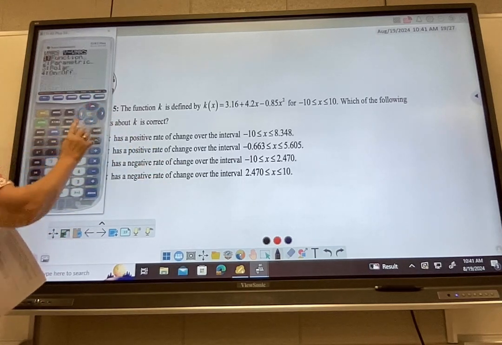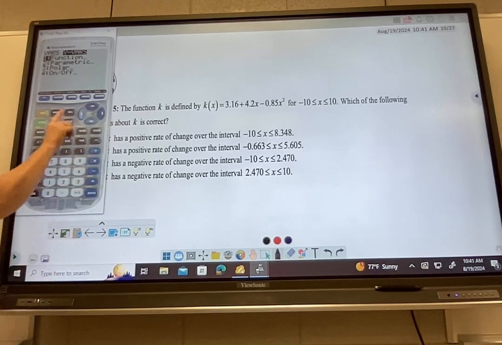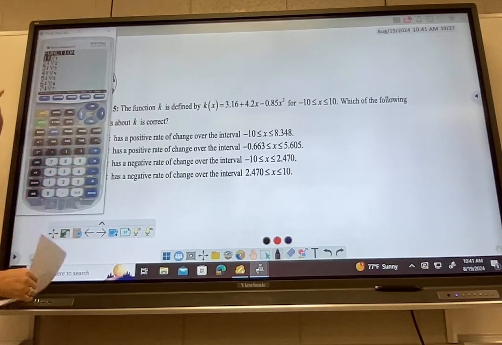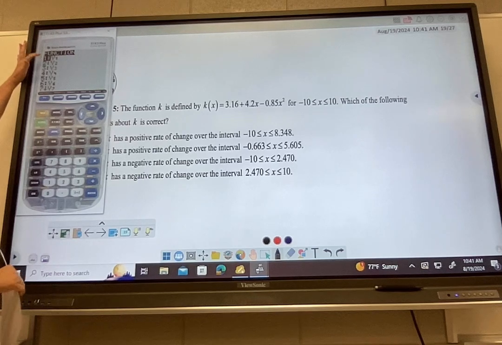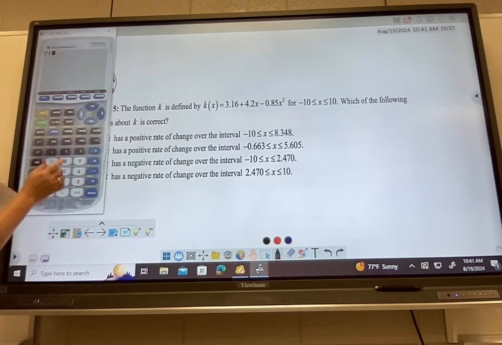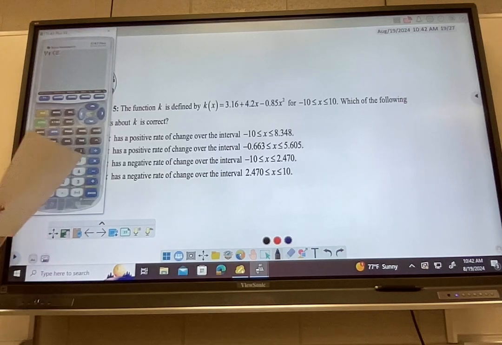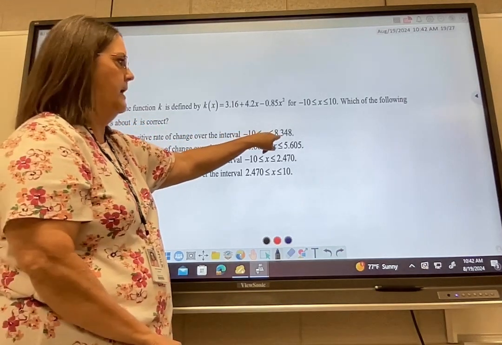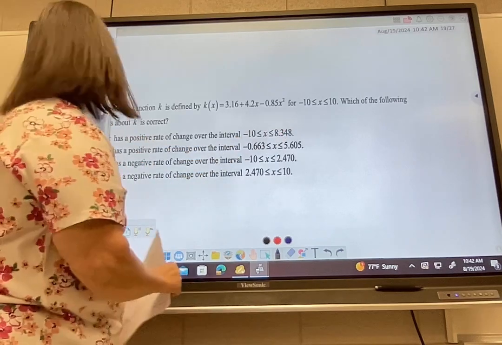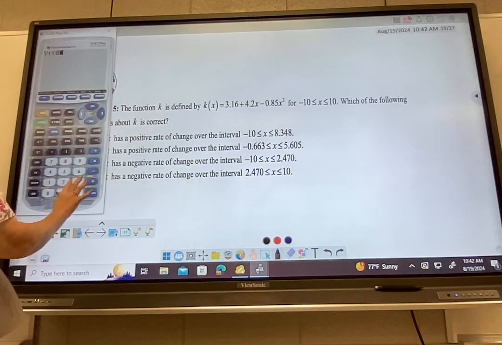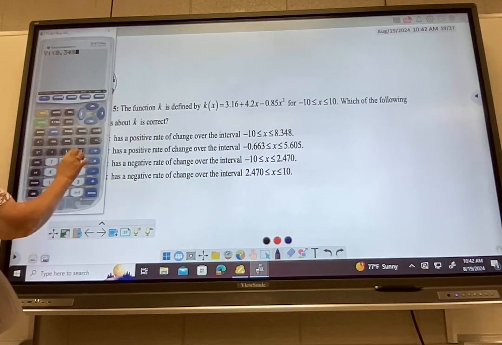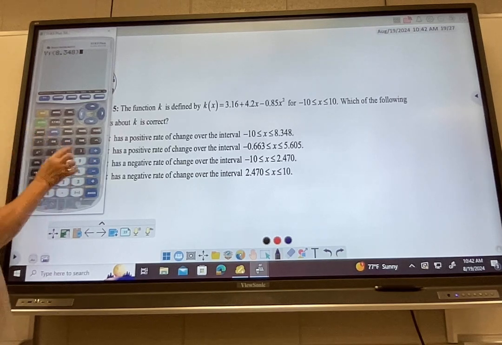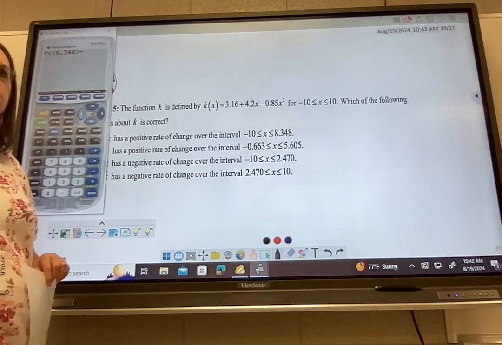So vars, y vars, I'm going to hit function, and I'm going to tell it that I want y1. Then I'm going to put in parentheses, and I'm going to put my y2. I'm going to put 8.348 in first. I'm going to close that off. Then I'm going to hit minus, because I'm doing my y2 minus y1.